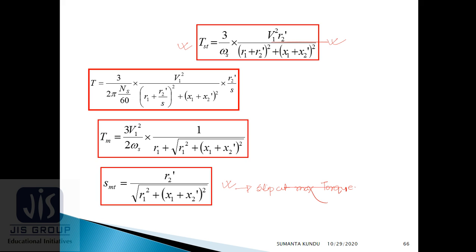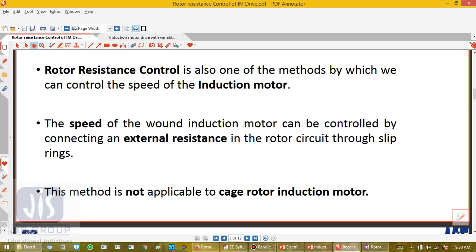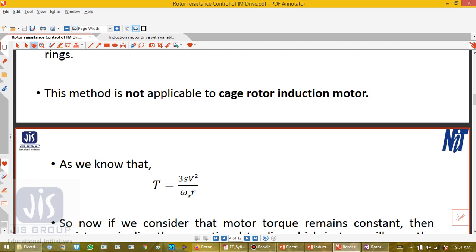So we have read this in our basic electrical as well as electrical machines. Now if we see the torque equation, and if I simplify this a little bit, this is the ultimate torque equation.